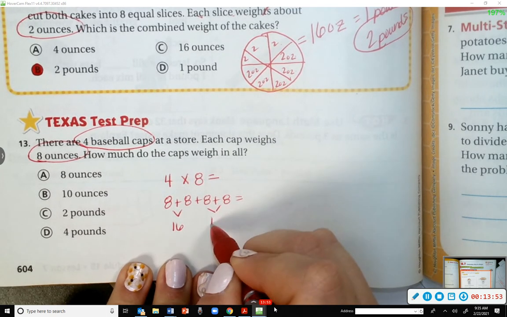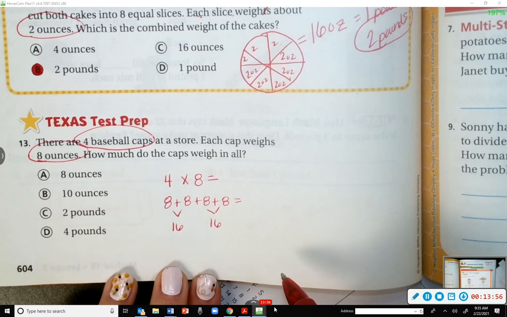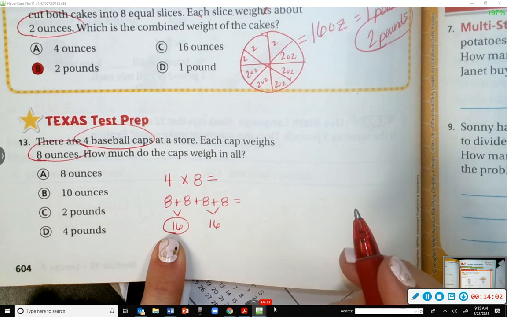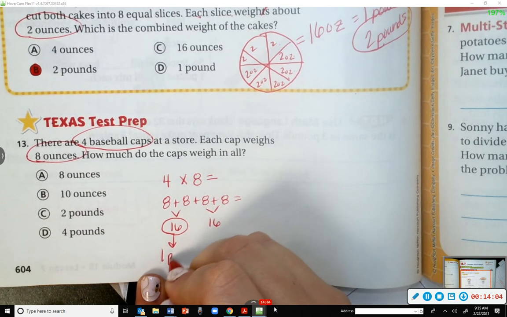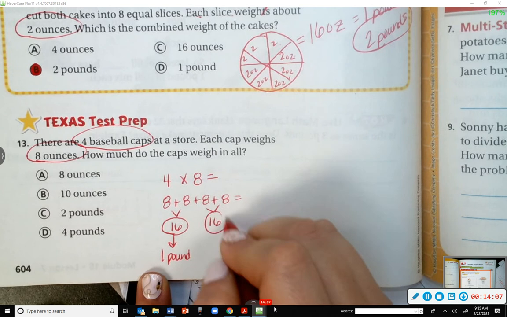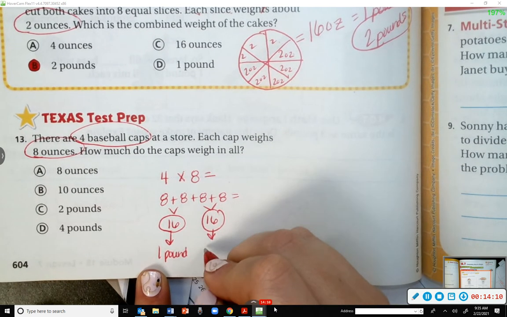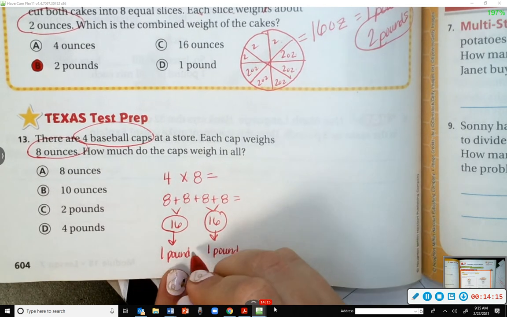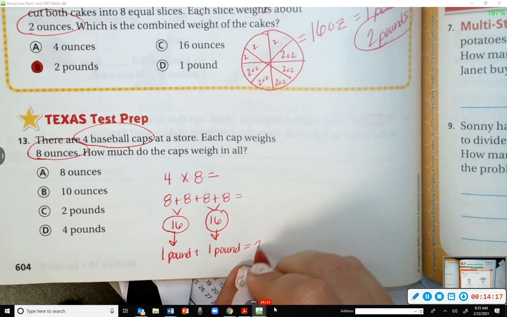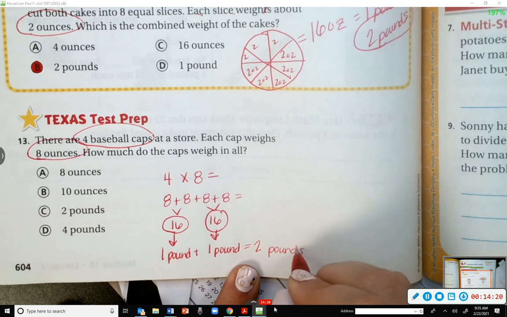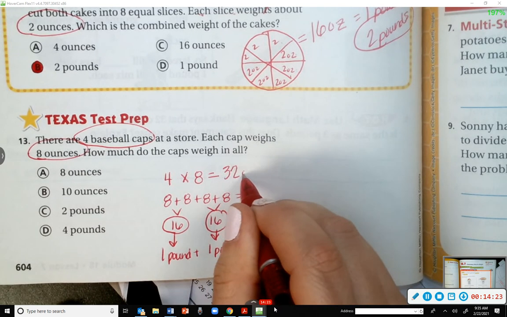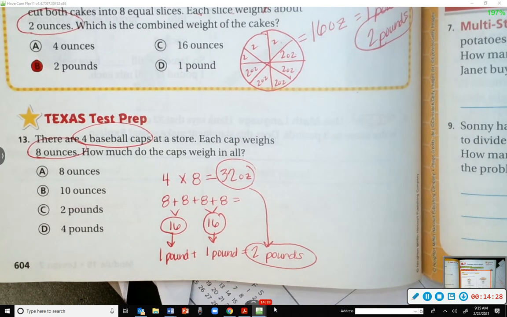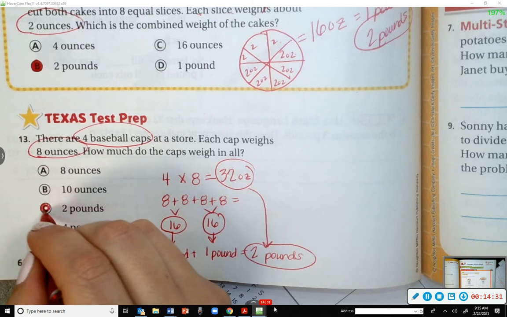And then another 8 plus 8 is 16 again. 16 ounces equals what? 1 pound. So then this other 16 would equal 1 pound also. So what's 1 pound plus 1 pound? 2 pounds. Or if you just multiplied, you would have got 32 ounces, which is the same as 2 pounds. Okay? C is the correct answer.